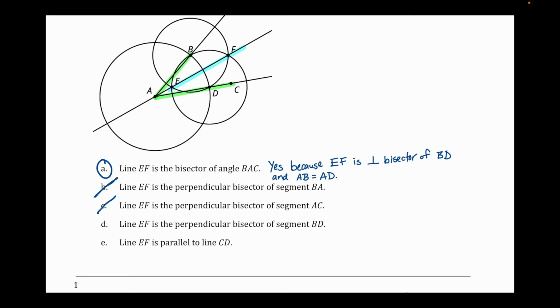Line EF is the perpendicular bisector of segment BD. Yes, this is true. Now this is true because it was constructed appropriately. How can we word this? As we follow the steps for constructing it.